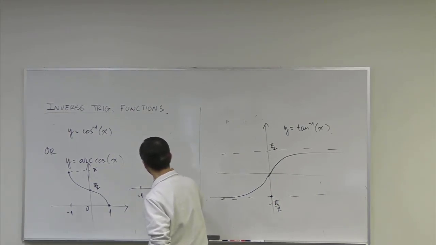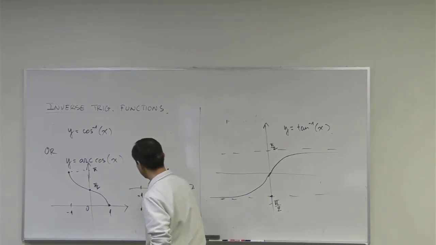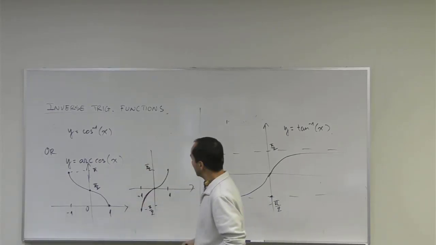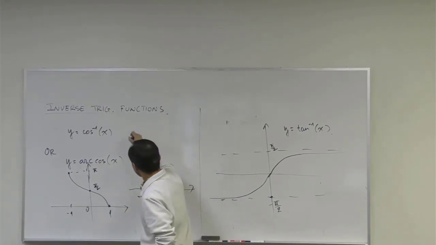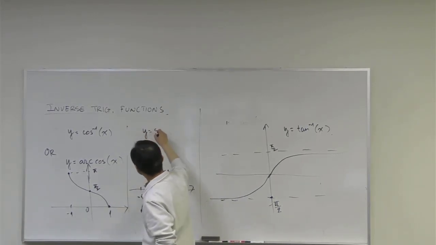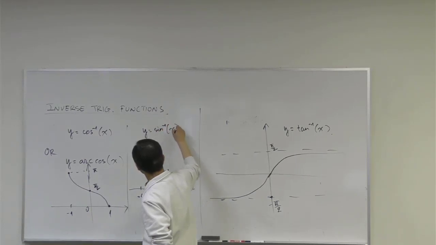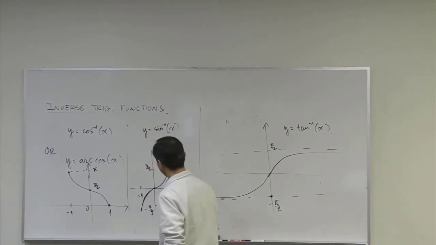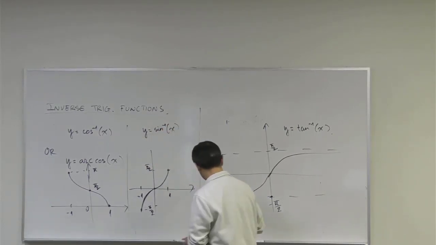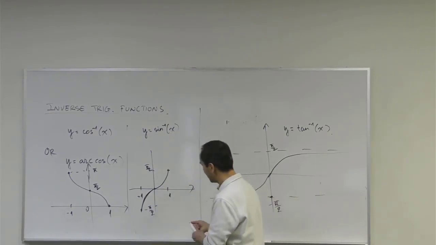The graph for sine goes like this. And y equals sine inverse, the graph for sine inverse, is what it is. Now you can see that sine inverse has symmetry.